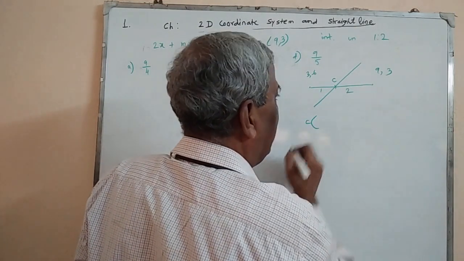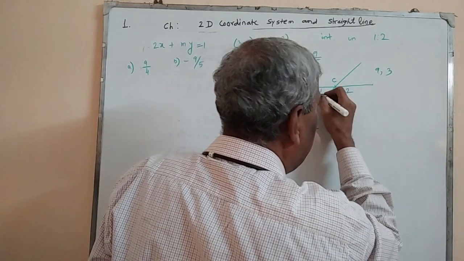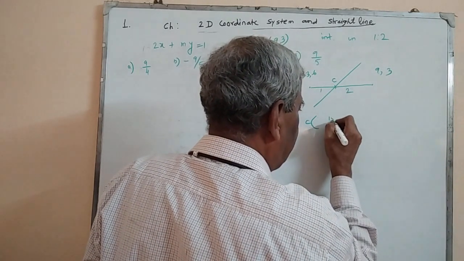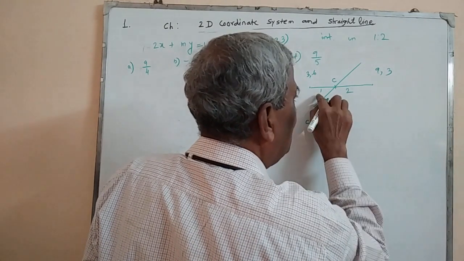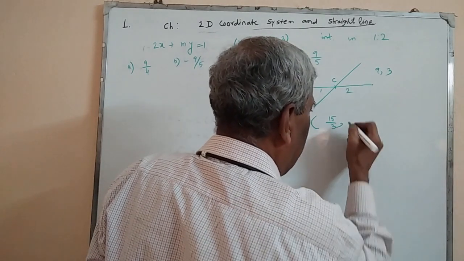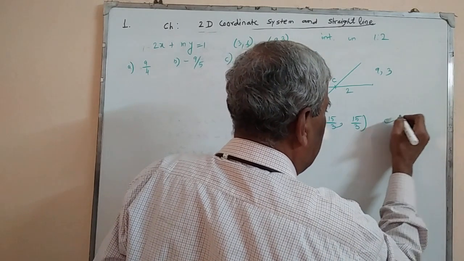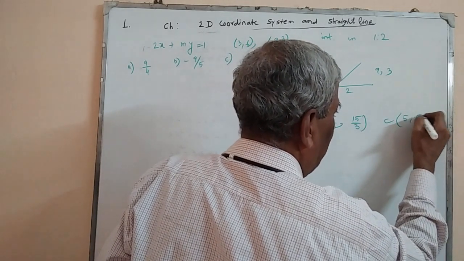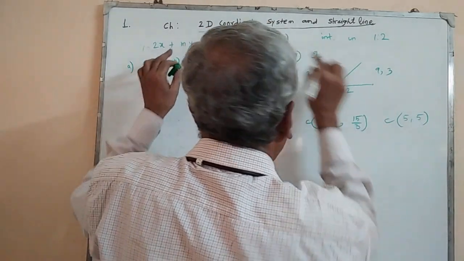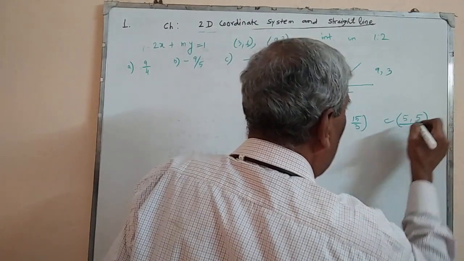The x coordinate of C will be equal to 1 into 9 plus 2 into 3, 6, 15/3, and 1 into 3, 3, plus 2 into 6, 12, again 15/3. That is, C is 5,5. Now this straight line divides these 2 points internally in the ratio 1:2, and that point is 5,5.